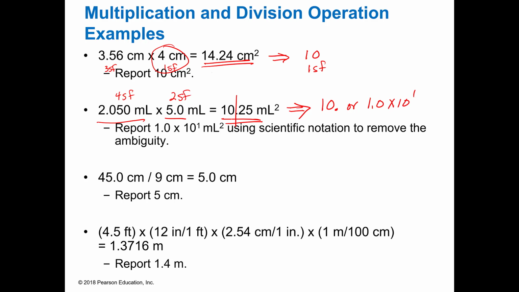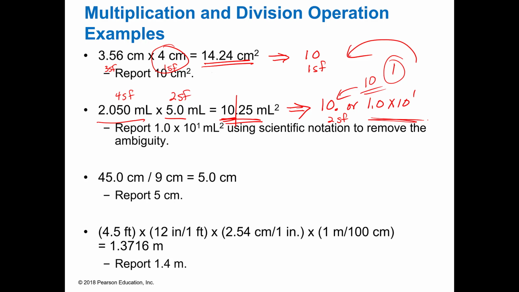This number is significant, because in this case I'm reporting that number to 2 significant figures. If I just put 10 there, that would only be 1, right? Like this one was. So I have to put that decimal there, or I can put it in scientific notation to show you that it's got 2 significant figures. Don't forget that you can rewind me and re-listen to things if you don't quite catch something.